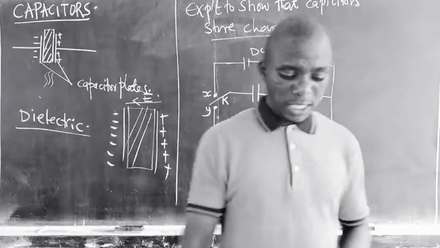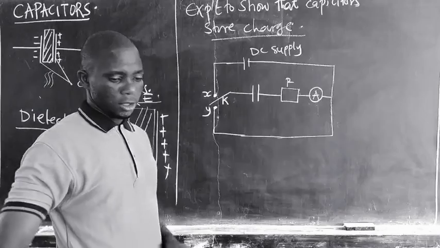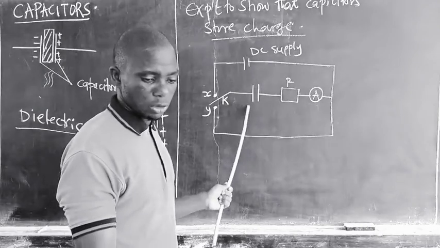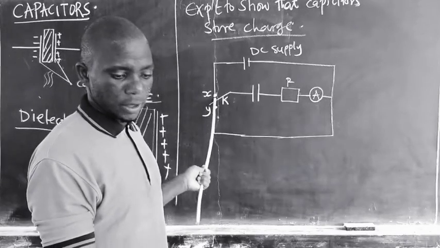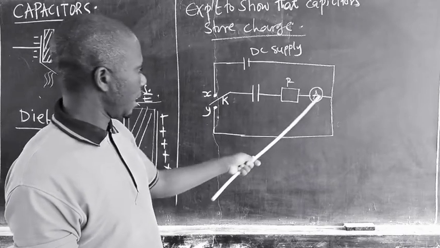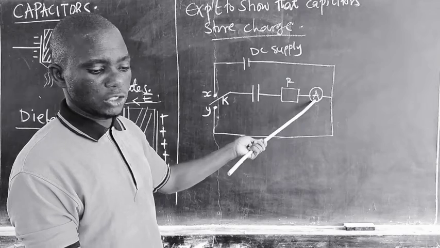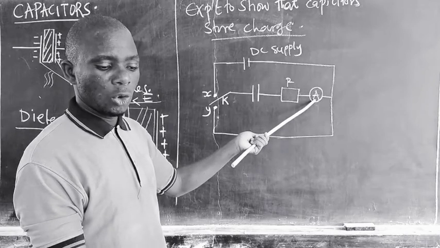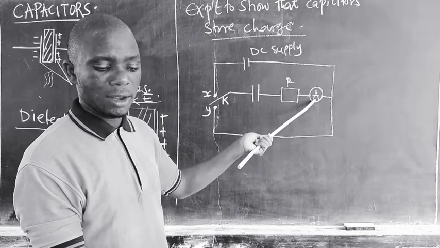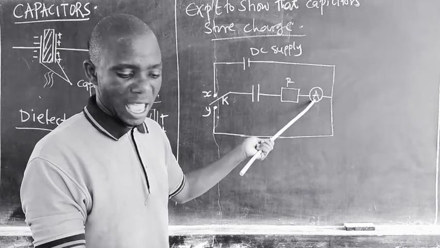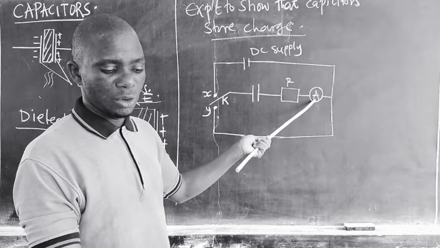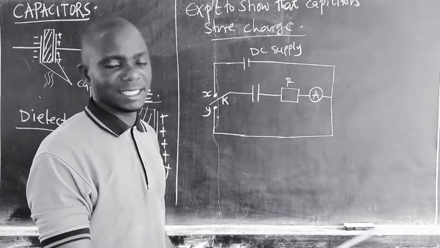We can say that when switch K is connected to position X, the sensitive current ammeter A shows a maximum deflection, which then reduces to zero after a short time, during which the capacitor is charging.